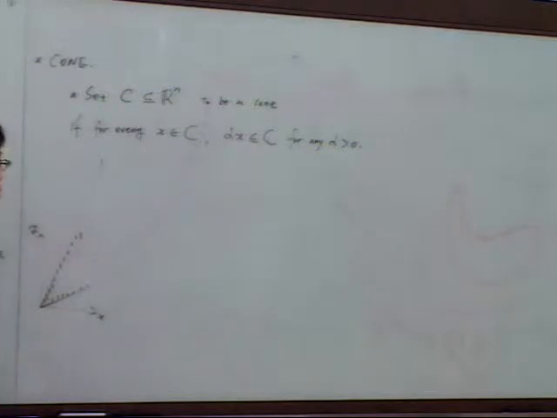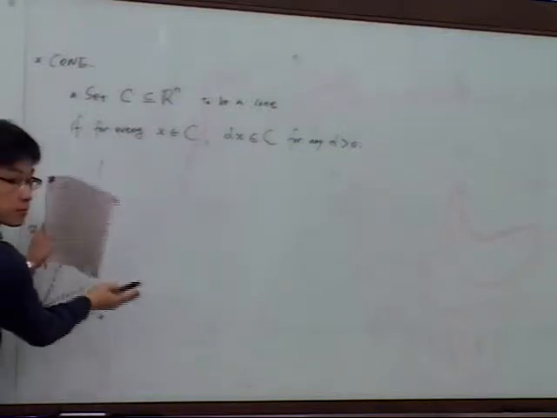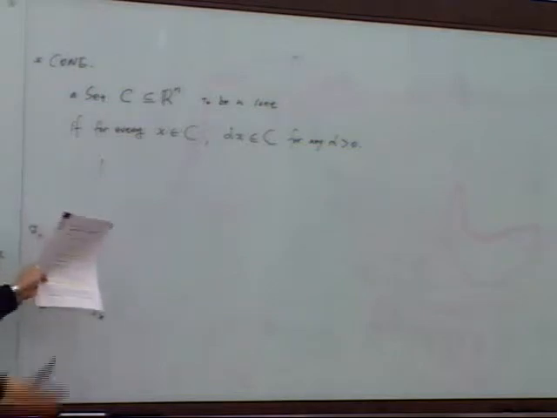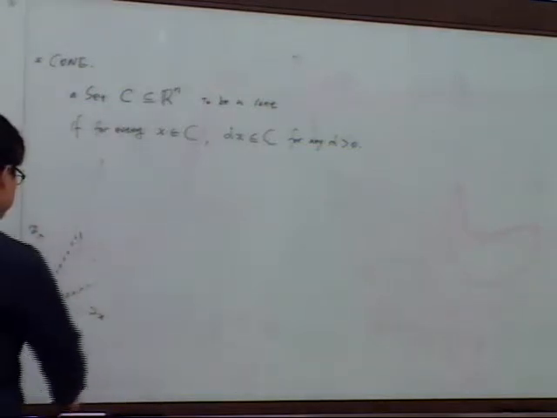Whenever you pick an x, alpha x is also inside of this, right? That's the cone, because the shape looks like this cone, and so mathematically it's defined as a cone. Okay?